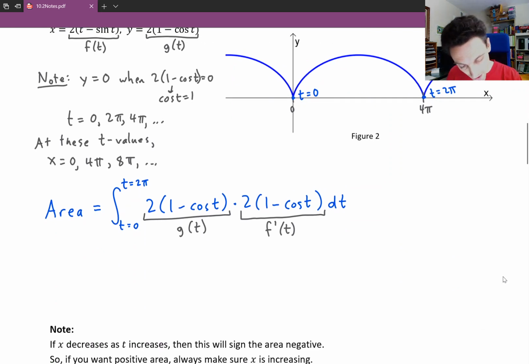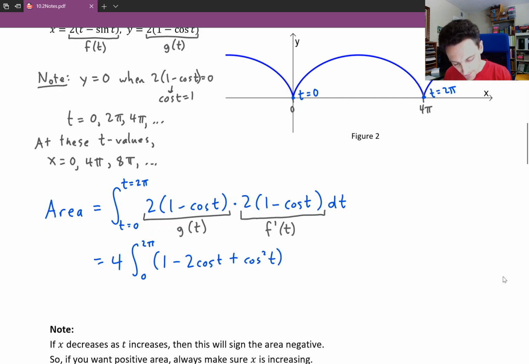Now we can try to evaluate this integral, and I'll just take a couple of first steps. So we can multiply the 2's and bring that out. We have t goes from 0 to 2 pi. Distribute out the 1 minus cosine t. So we have 1 minus 2 cosine t plus cosine squared t dt.